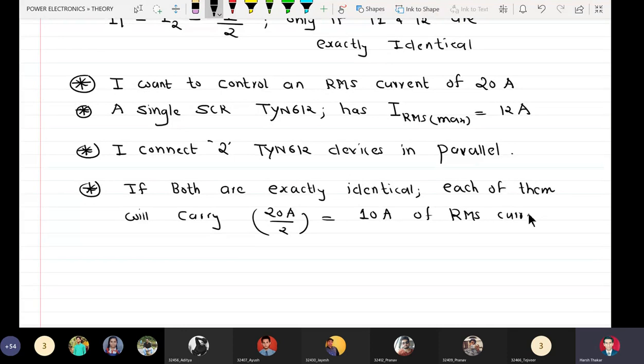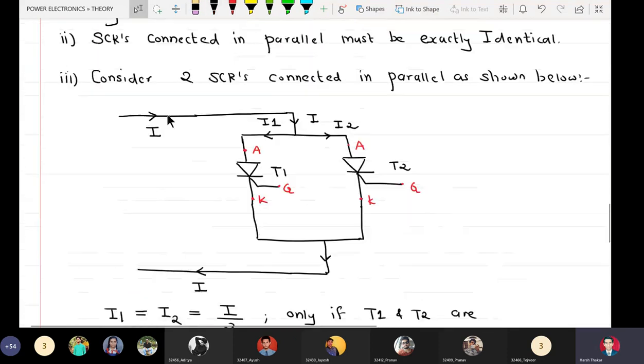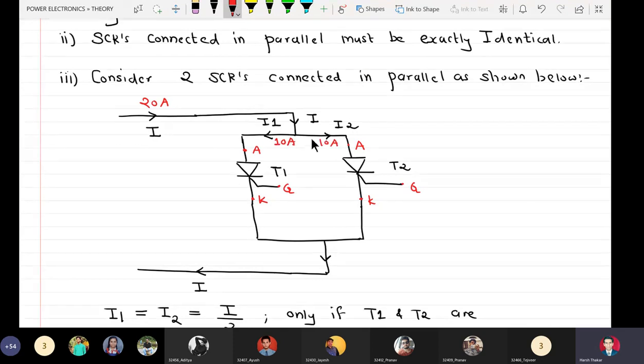Okay. So now if this is 20 amperes, then I1 will be 10 amperes, 10 amperes if T1 is exactly identical to T2, not just equal. Okay, so we have 20 amperes here, 10 amperes here, and 10 amperes here.